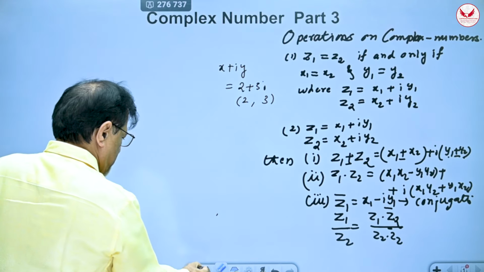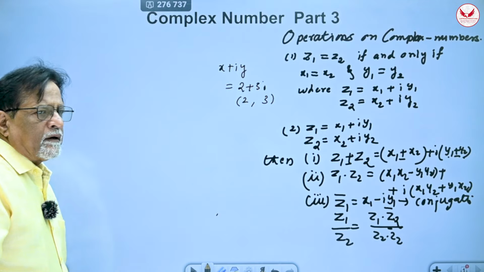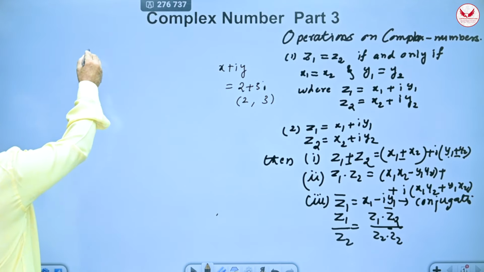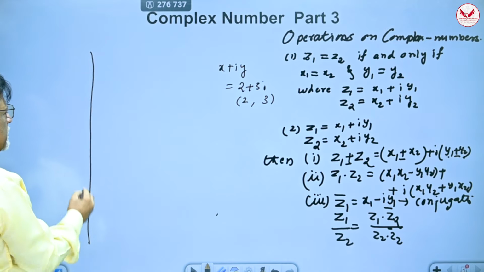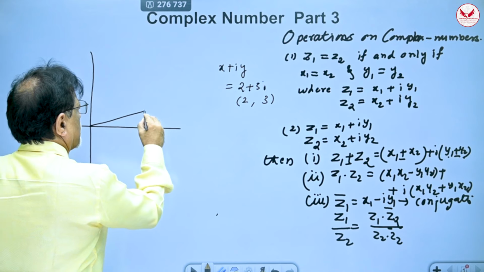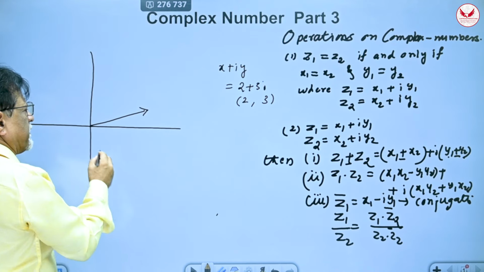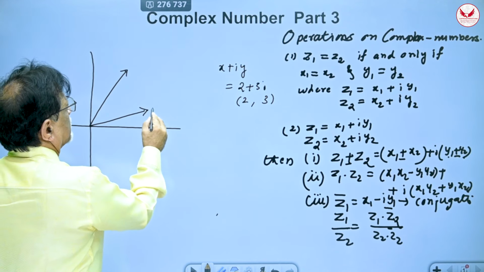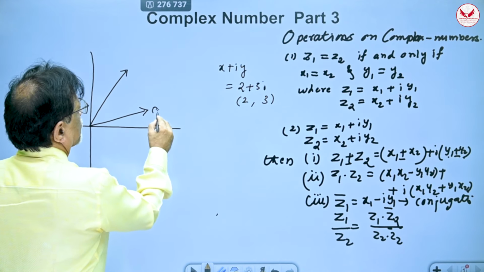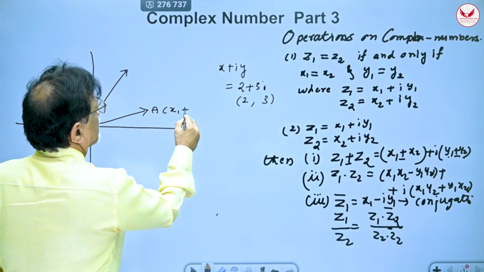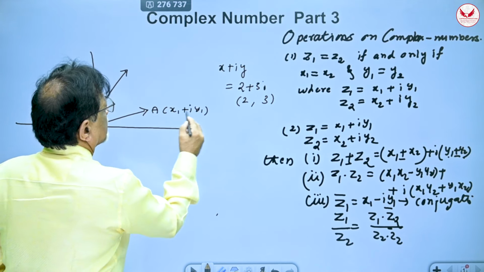Now, geometrically, if I look at the addition of two complex numbers, how does it look? Let us see. So this is our y-axis. This is the x-axis. This is one complex number. I told you it can be represented as a vector. And then this is another complex number. Suppose I call this one A. It is x1 plus iy1, right?